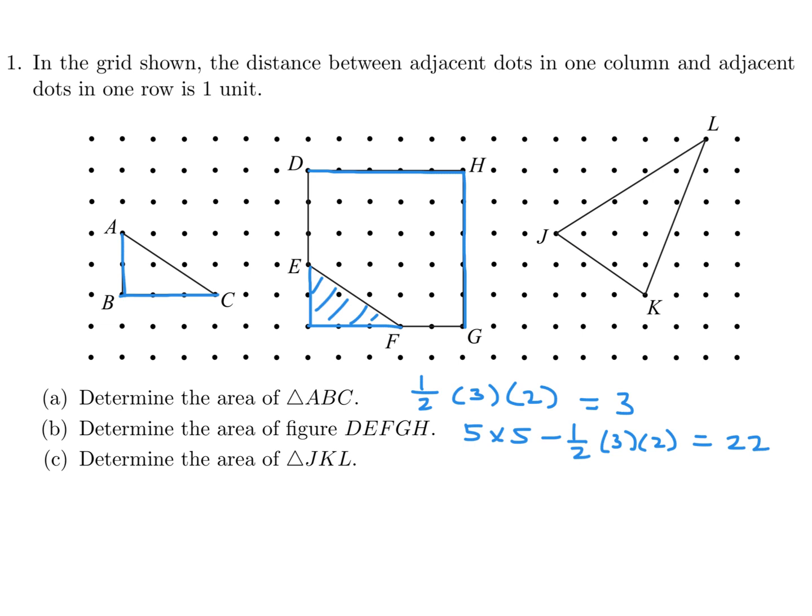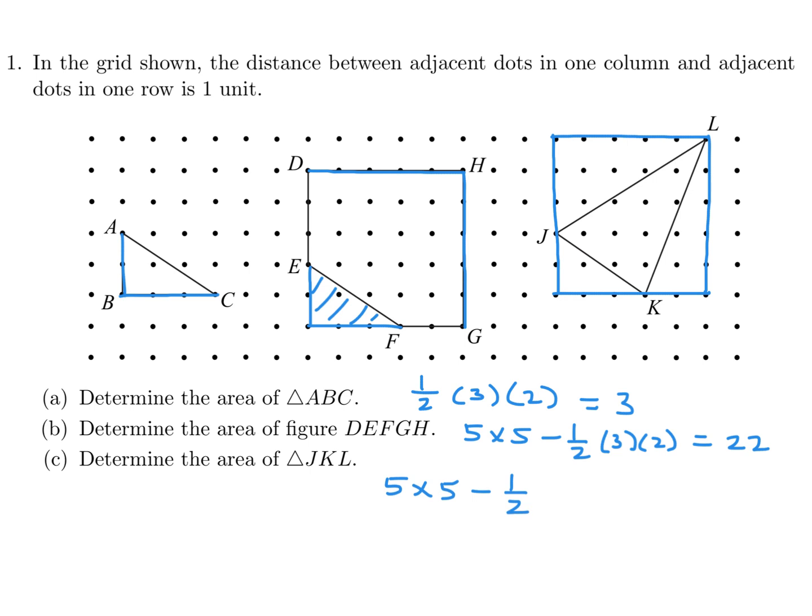Determine the area of JKL. Okay, so this is a little bit harder, a little more work here. There are several ways of doing this, but let's do it by making it into a square or rectangle and then subtracting the triangles. So that looks to me like a 1, 2, 3, 4, 5 times 5 square, and then we're going to subtract 4 triangles.